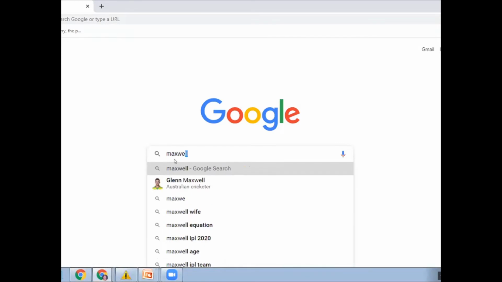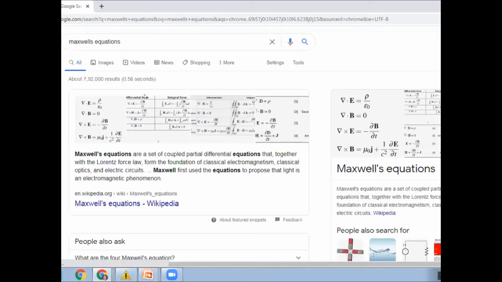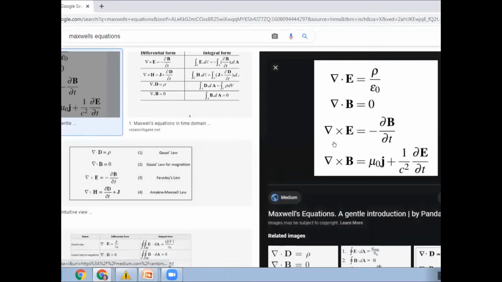I wish to show you. This is it: del cross E is equal to minus del B by del t. This del cross E is nothing but the displacement, the curl operator leading to a time-changing operator.